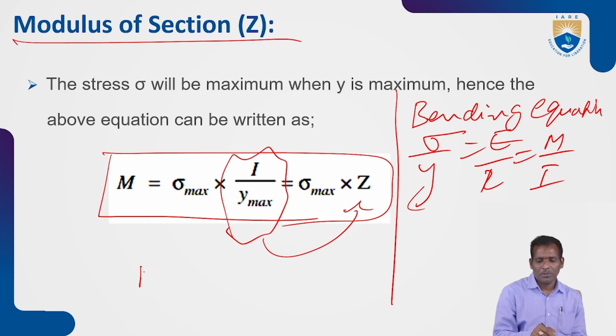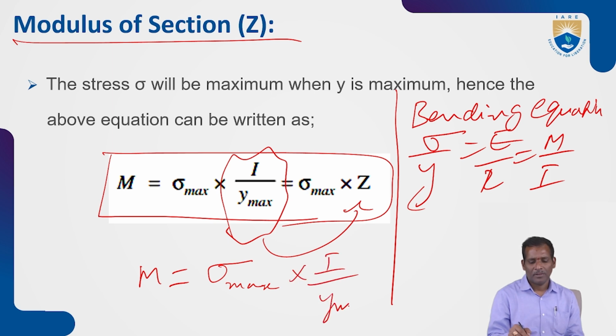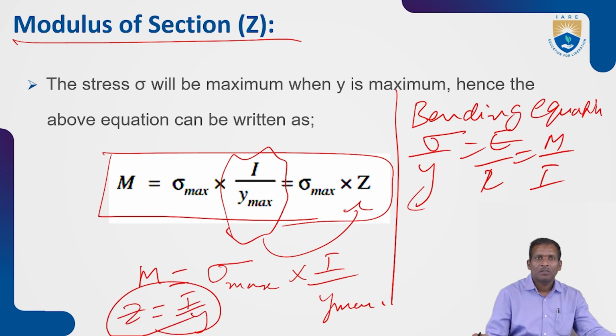So M is equal to sigma. Maximum stress will be obtained when Y is maximum, so that's why I by Y maximum. You can say that Z is equal to I by Y, where I is the moment of inertia and Y is the distance of the section from its neutral axis.